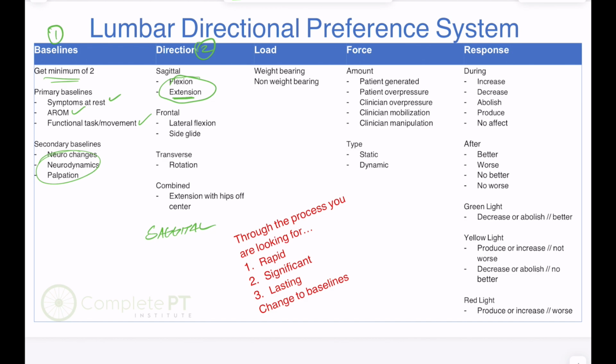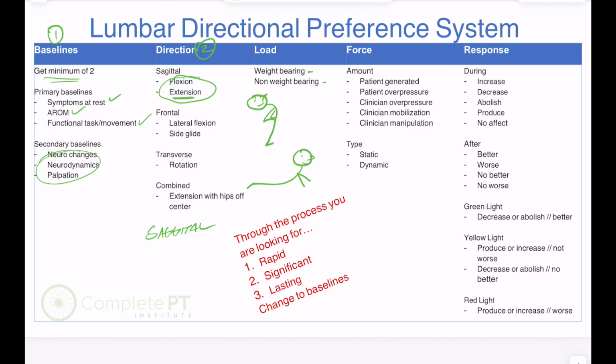Then the second thing is you pick, are you going to be in weight bearing or non-weight bearing? Weight bearing just means, if I'm going to pick extension, is the patient going to stand up and put their hands on their back and extend, or are they going to lay down and do a press up? So are they against gravity or not against gravity?